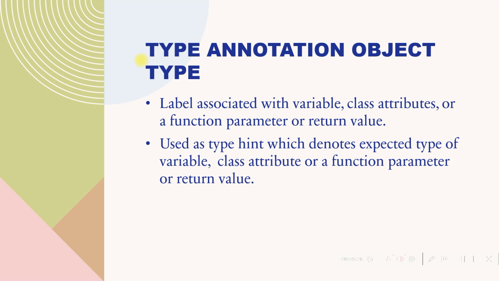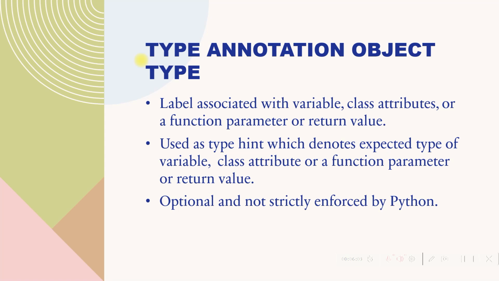So this object type is used in a situation where, let's say, there is a function accepting one parameter, and I just want to denote that this parameter will be of integer type. This integer type will be a label and we call it an annotation object type.